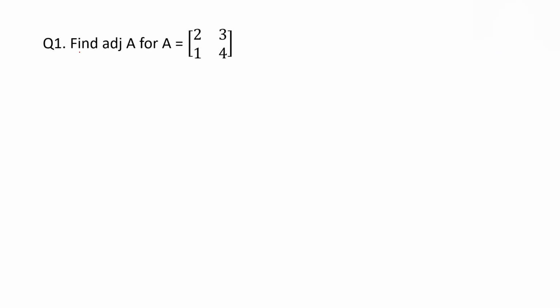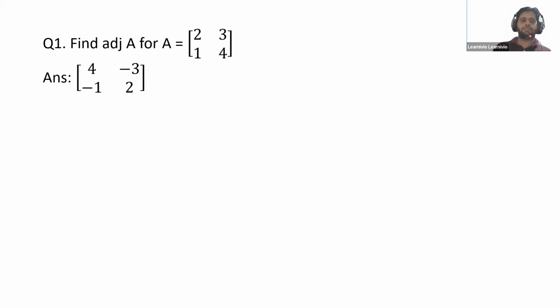Sir, the adjoint is 2, minus 1, 3, 4. Or is it 4, minus 3, minus 1, and 2? I guess you forgot to take the transpose. Should we also change the diagonal? You need to take the transpose of the matrix.